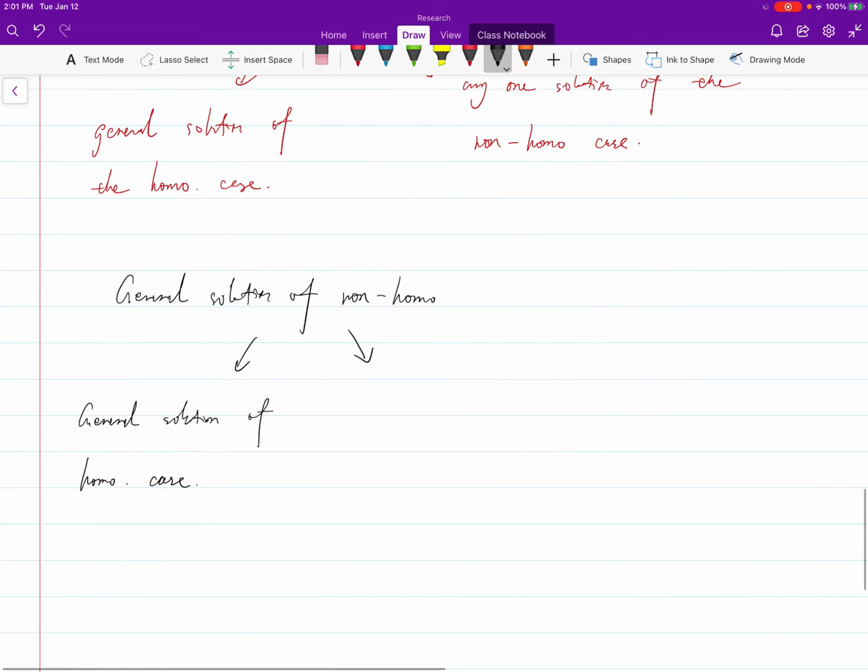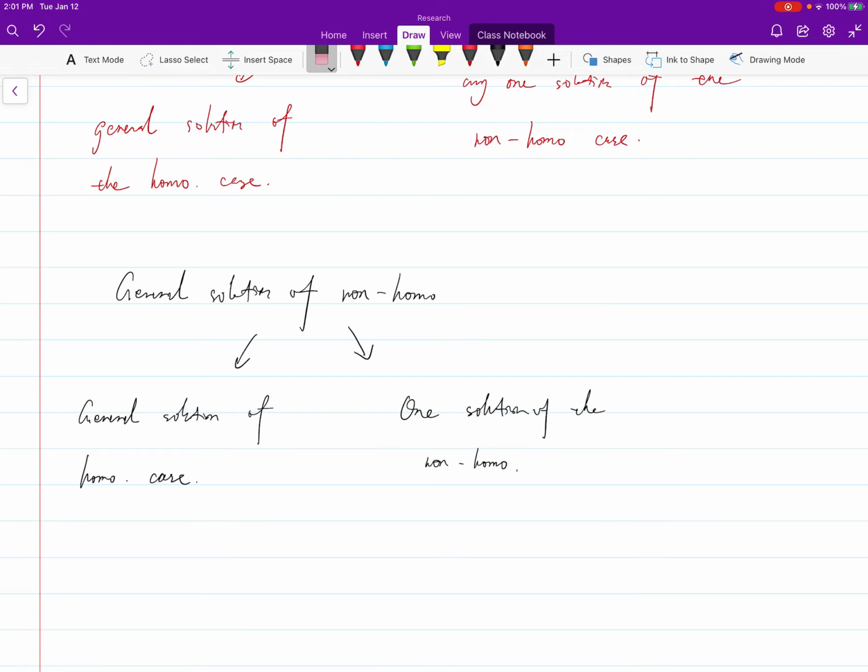Okay, then finding one solution of the non-homogeneous, which is again easier than the previous one, because the previous one you want to find all the possible solutions, but for this one you only need to find one. As long as you find one, you add it to this one. That's the point of the whole general solution of the original linear ODE.